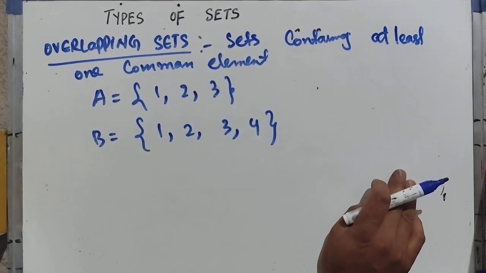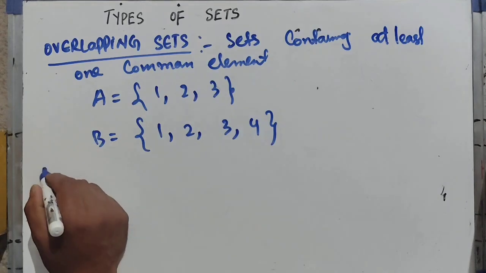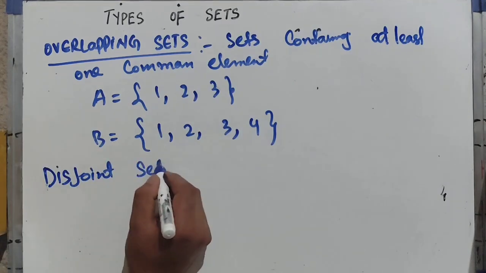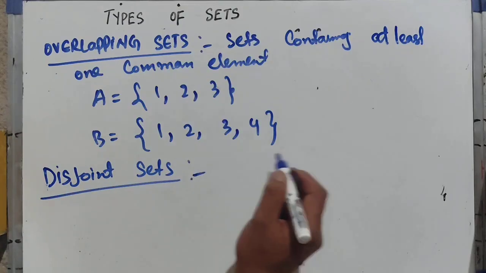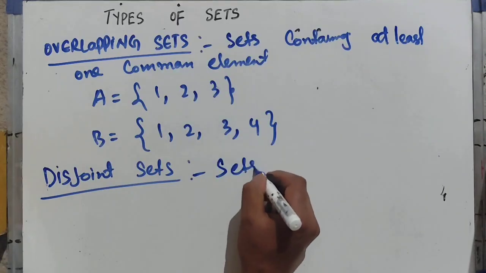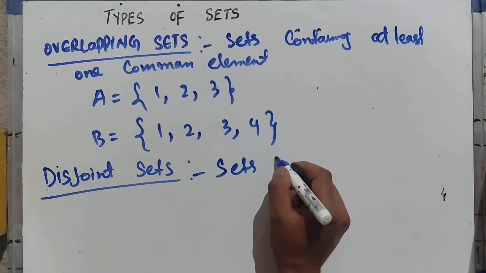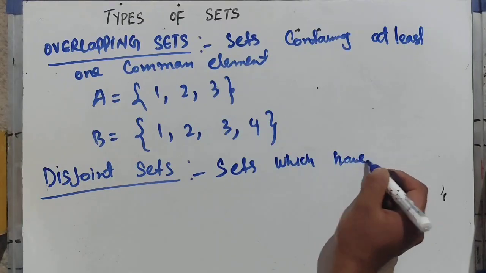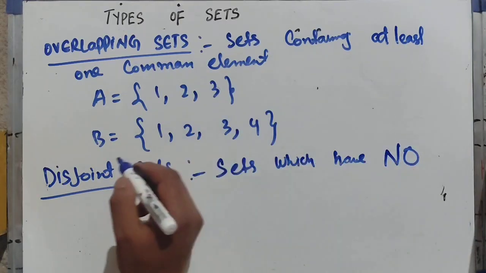Now then we have disjoint sets. It's the opposite, that is, sets which have no common elements.